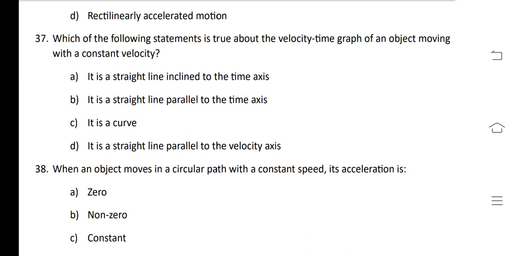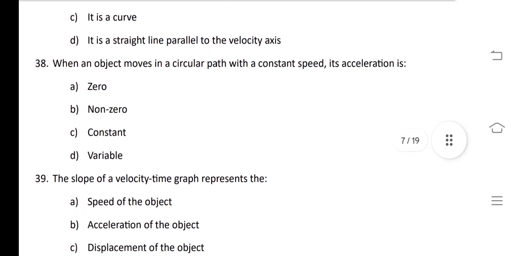Which of the following statement is true about velocity time graph of the object moving with constant velocity? That is, it is a straight line parallel to the time axis. Option number B is correct.